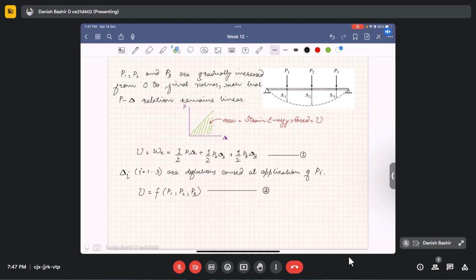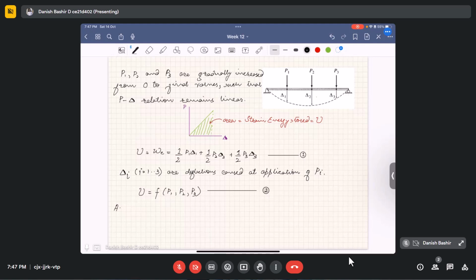And what we do is that we assume that P2 is increased by an infinitesimal amount dP2, such that the increase in the total strain energy is dU.